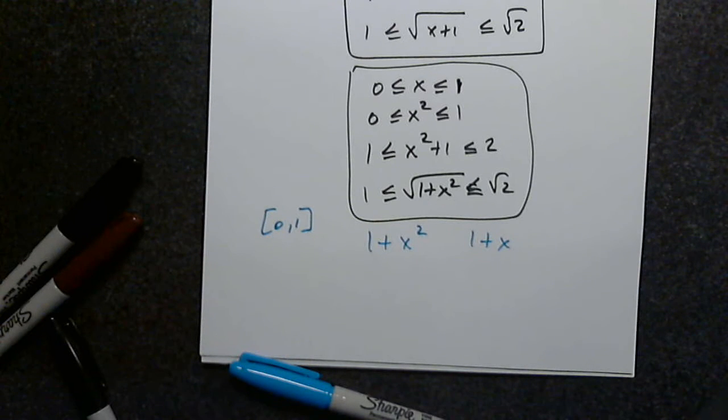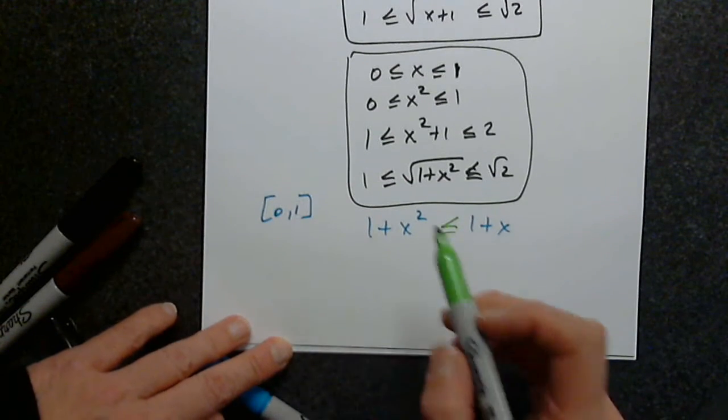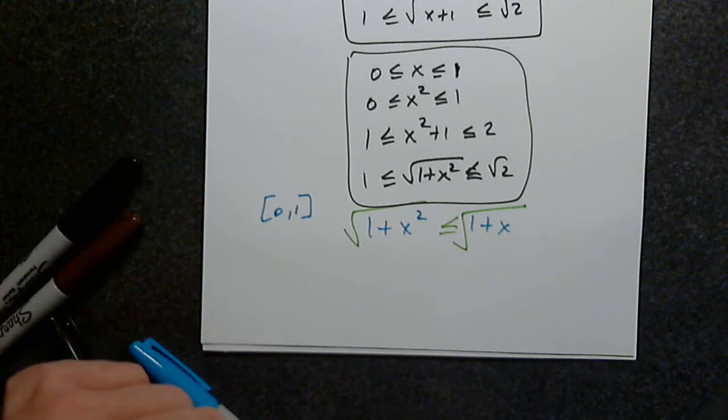So obviously this is a number that is bigger between 0 and 1, not everywhere. But between 0 and 1, 1 plus x is a bigger number than 1 plus x squared. Would you agree with that statement? Okay. Because they are all positive, yes, I can take the square root from both sides.